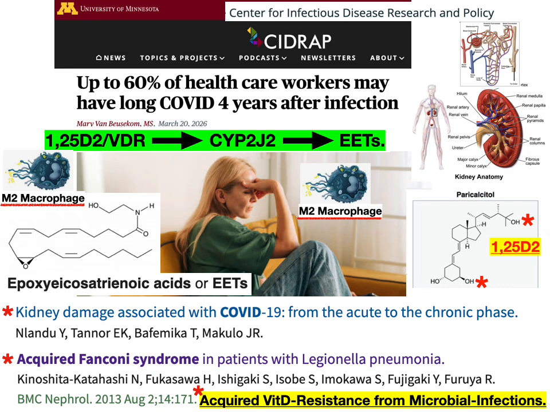Acquired Fanconi syndrome in patients with Legionella pneumonia. I put this paper in here to illustrate that a bacterial infection of the lungs can impact the kidneys. And Fanconi syndrome is a disorder involving the proximal tubules of the nephrons in the kidney.